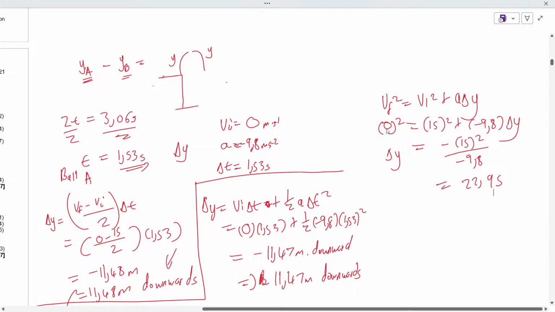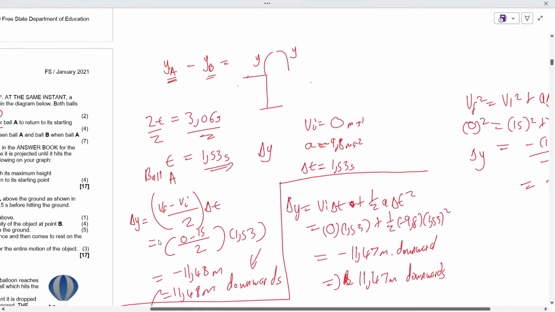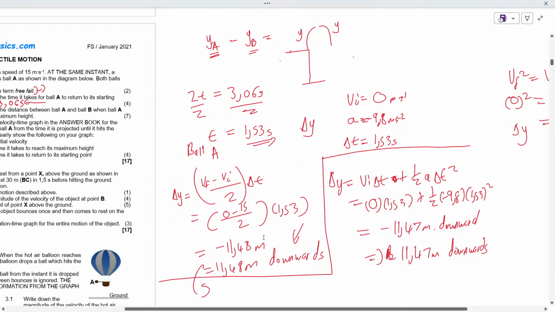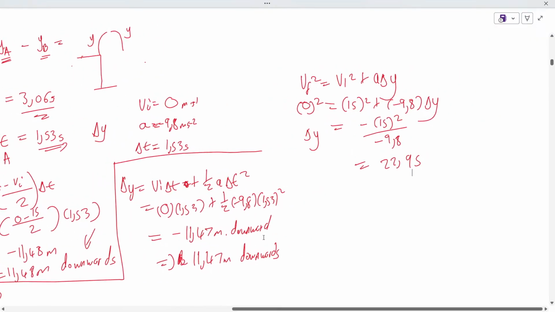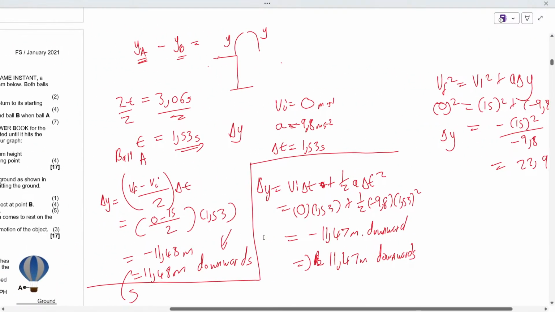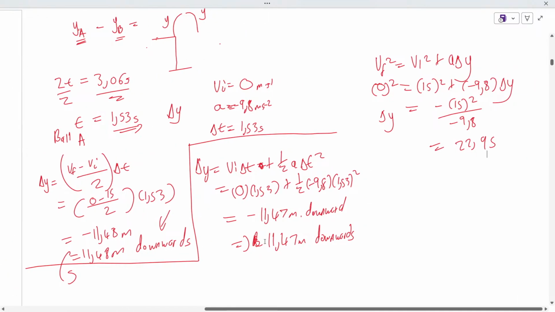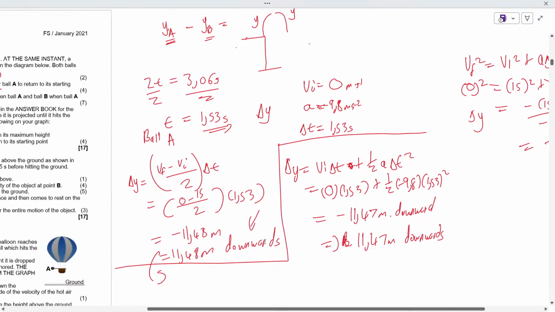V final squared plus this one, 1.53, the time, and this formula, I got 22.95. I will go with 22.95. When we include that time, they're similar.